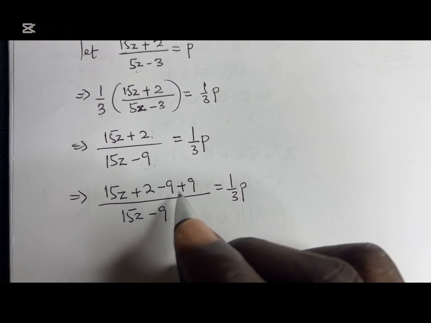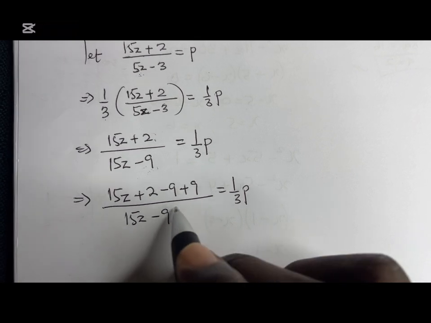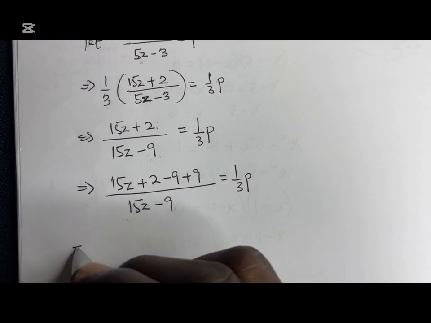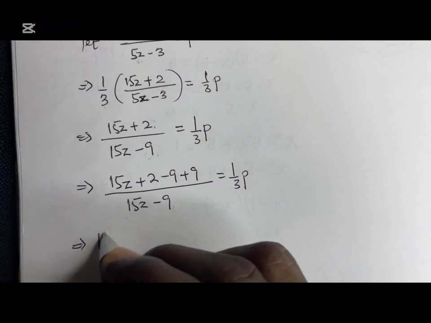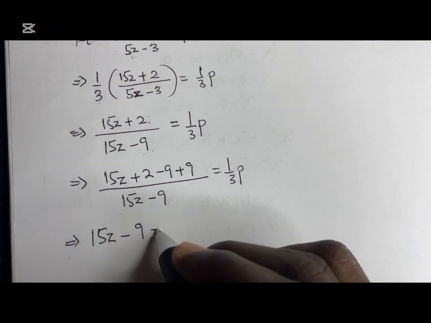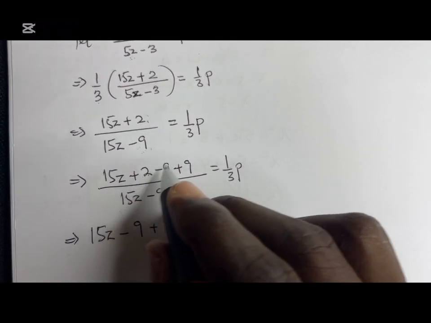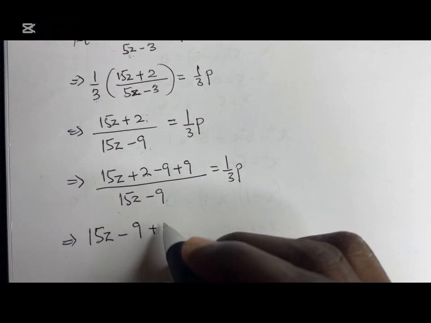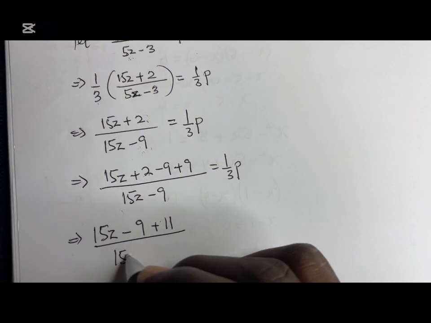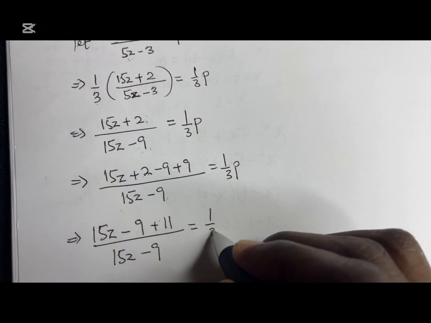Now we can bring terms together so that the part looks like the denominator. So we have 15z minus 9, then plus 2 plus 9, which will be 11, on 15z minus 9 equals 1/3 p.